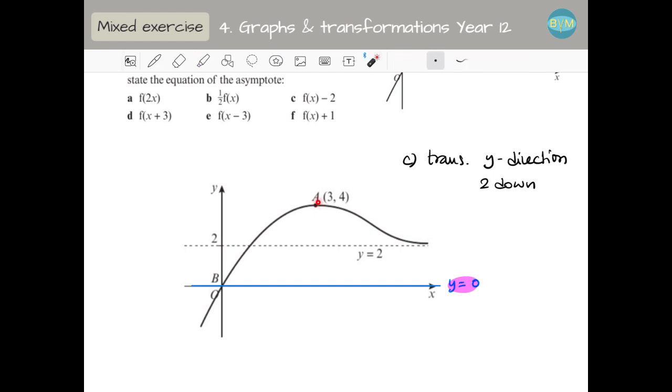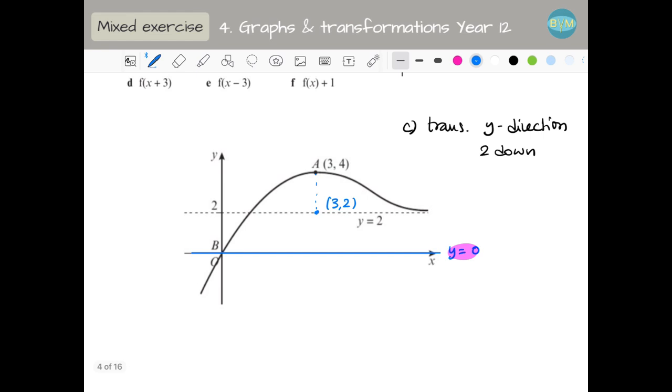Then this point goes down by 2, so the new A is going to be the same x, but this point. And then B goes down by 2, so B is going to be (0, -2). So my graph is going to go kind of parallel to the previous one, and then this is going to be the asymptote. And we have given the coordinates of A and B.